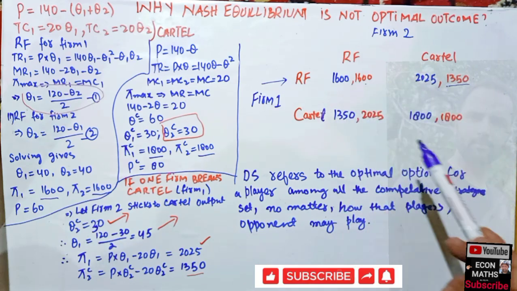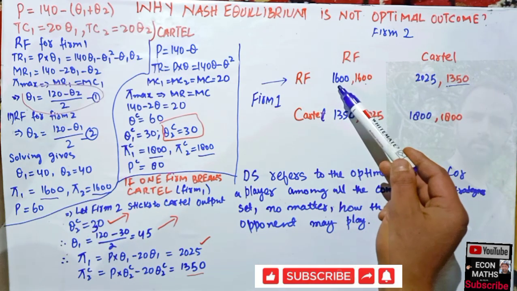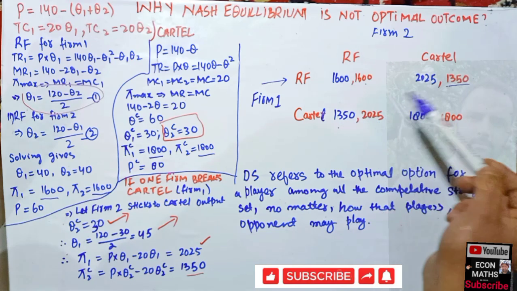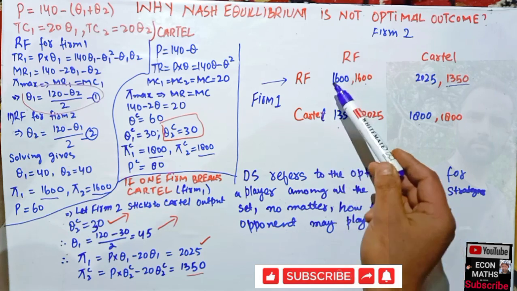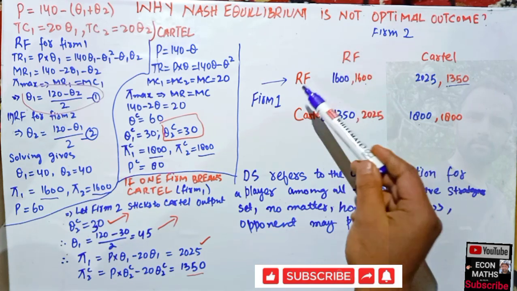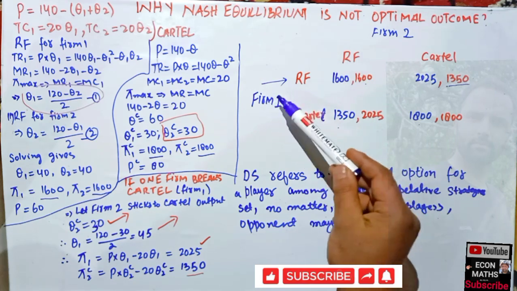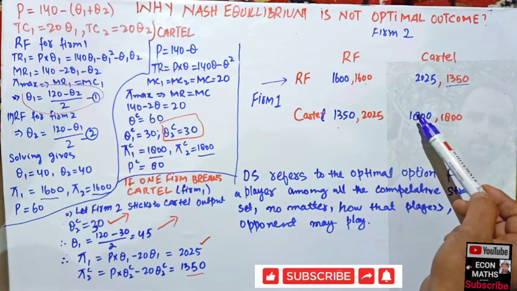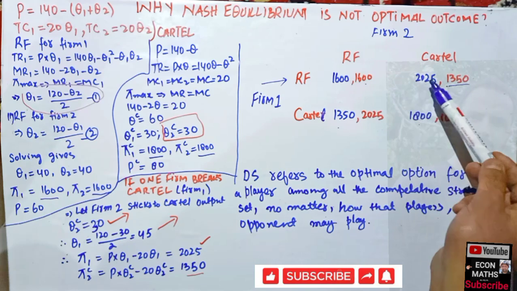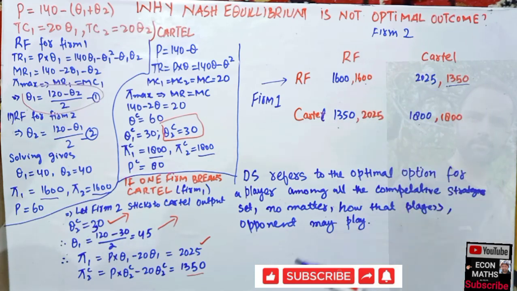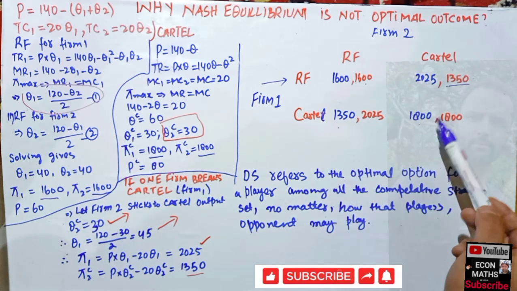These blue numbers in the rows, 1600 is greater than 1350, 2025 is greater than 1800. We say that the reaction function for firm 1 is the dominant strategy, because playing according to the reaction function gives him more payoff than playing according to the cartel.